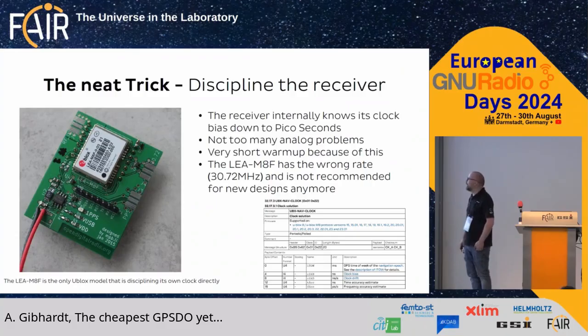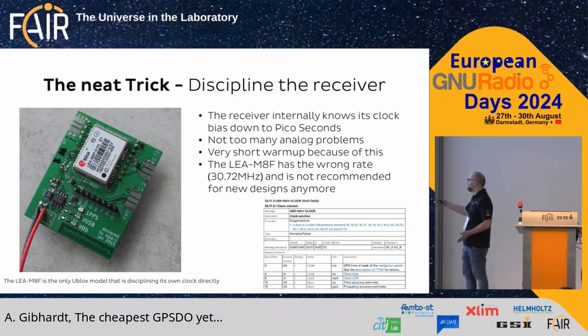This looks really neat. That's the LEA-M8F, where they played a really nice trick where the GPS receiver, that knows a lot about its frequency offset, is disciplining its own oscillator. That enables it to, within its DSP, already estimate the frequency offset and tune itself to compensate for that.